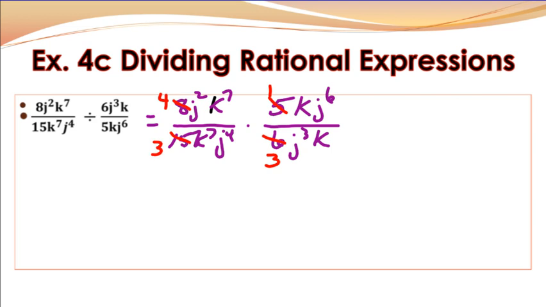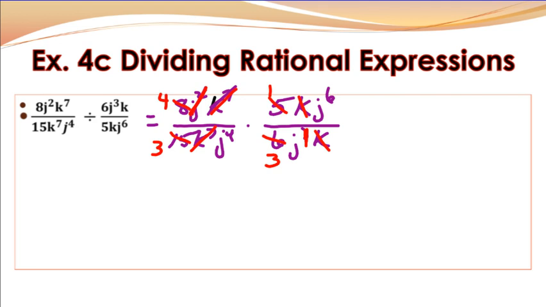And look at our variables. This k and this k divide out. I also have k to the 7th here and k to the 7th here, so those cancel off. J squared divides out, and now I have 1 here because I had 3.